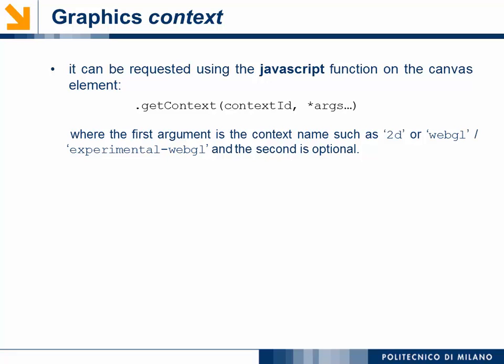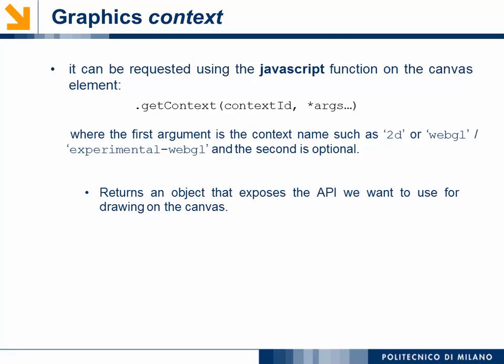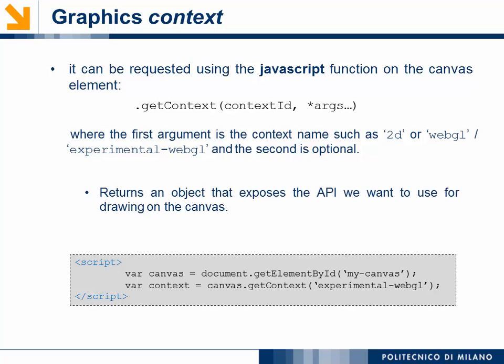Arguments are optional, not all contexts require any arguments. At this point we have the object as a return value from this getContext function. We have the object that exposes all the API that we want to use for drawing.